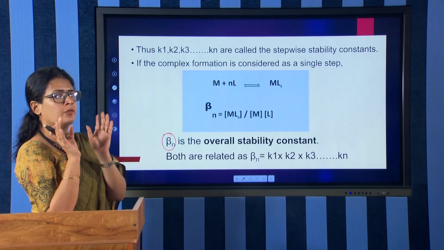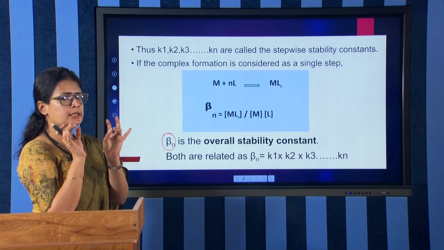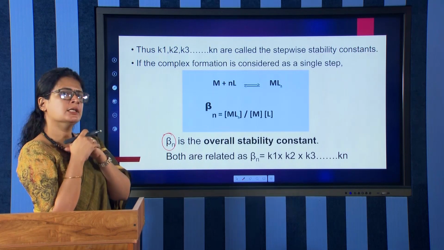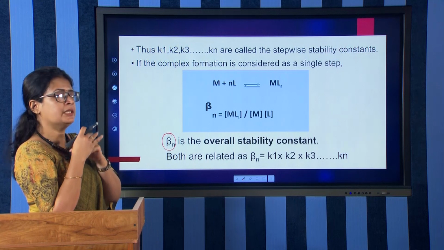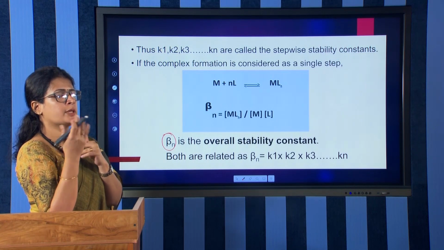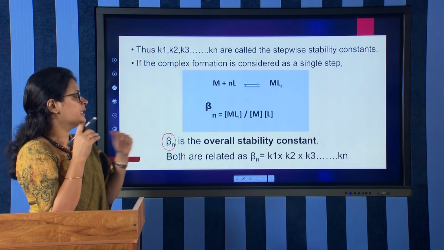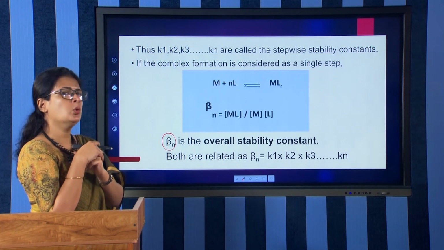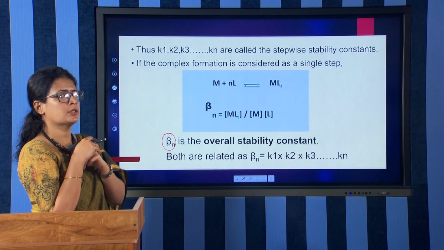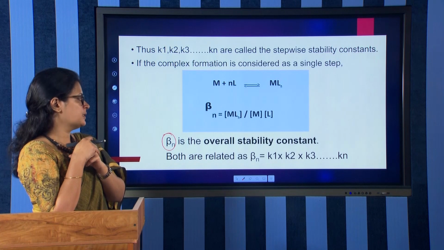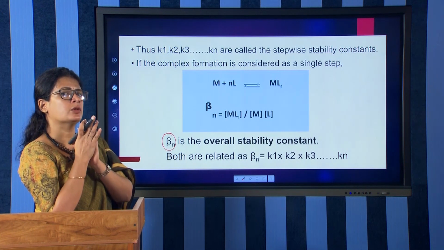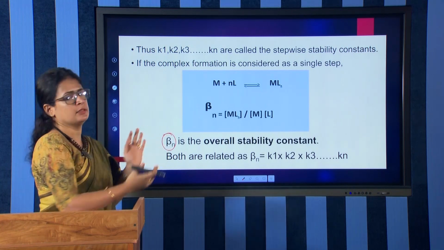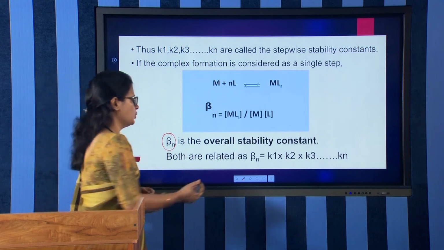Beta n and K1, K2 etc. are related by beta n equal to K1 into K2 into K3 up to Kn. That is how the overall and stepwise stability constants are related.